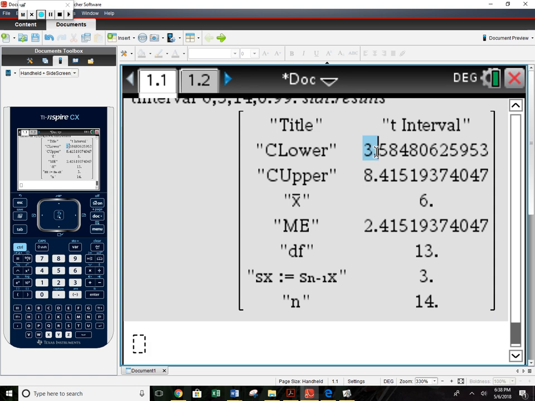So 99% sure that it's going to take a kid 3.58 months up to 8.4 months to learn how to ride a bike using training wheels. So that's a pretty big window. Ka-ching, ka-ching. Okay, let's move on.